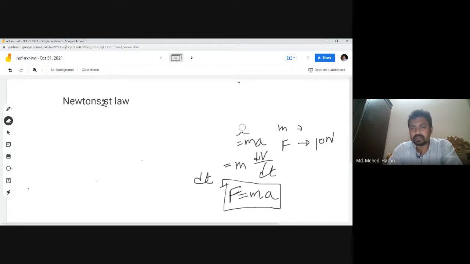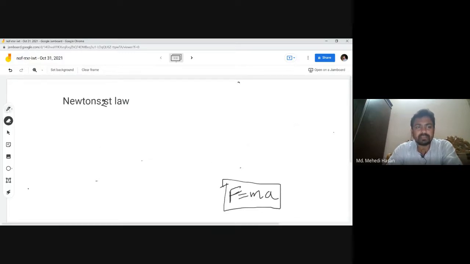Now let's go to the elaborated form of this equation. If we try to explain it in detail, we have to take it in vector form. We know that force and acceleration are vectors, so we can say the force vector is equal to ma.